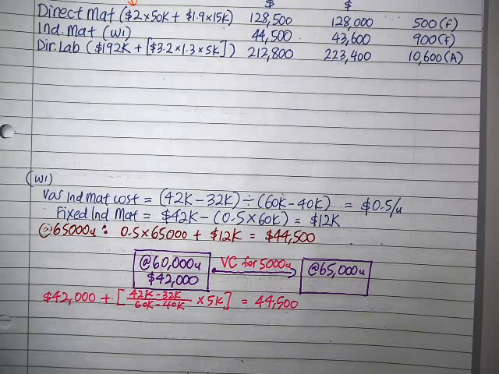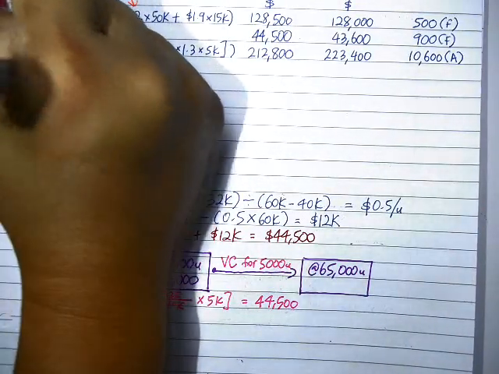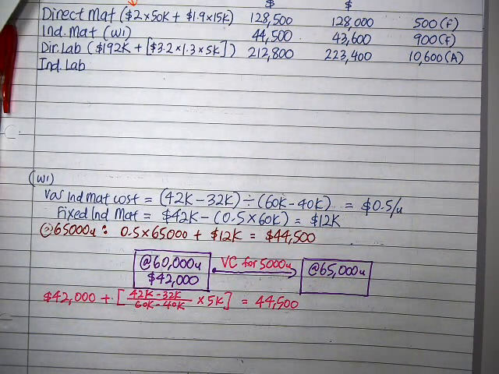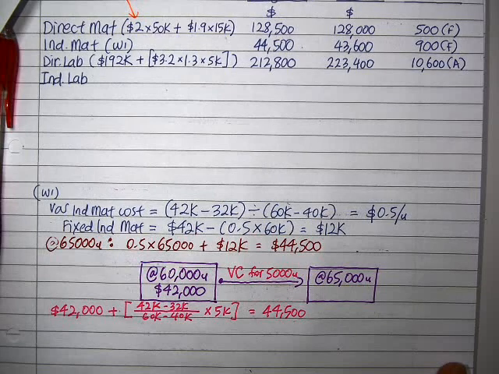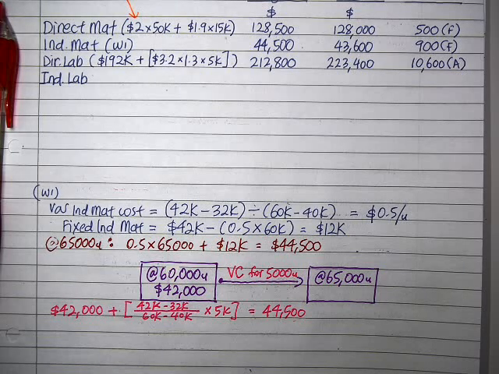Okay, go on. Right, indirect labor. Okay, indirect labor. Now, the only thing that they tell me about indirect labor is that it will increase 3,000 when you exceed 60.